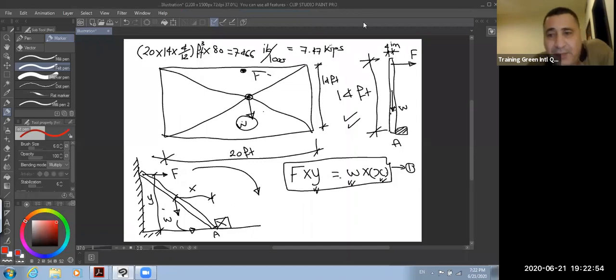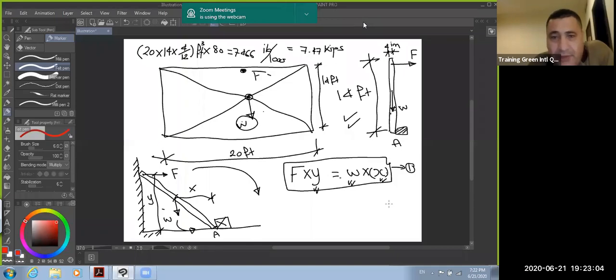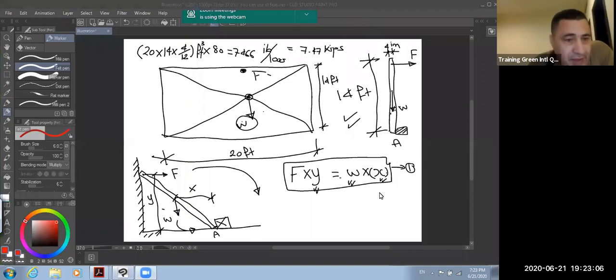Let me check kips. Okay, very good. That means each 1,000 pounds equals a kip. So this panel is equal to 7.47 kips. Okay, so now I have F.